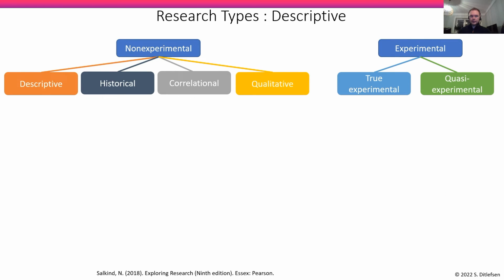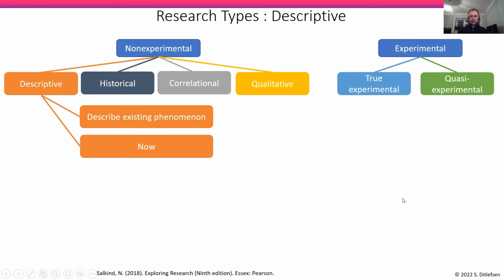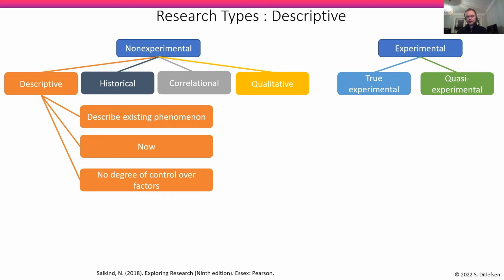So let's start with descriptive. Well, it's descriptive. It describes an existing phenomenon. Existing is a really important word. Something exists now. We are in the now. And we have no degree of control over factors.